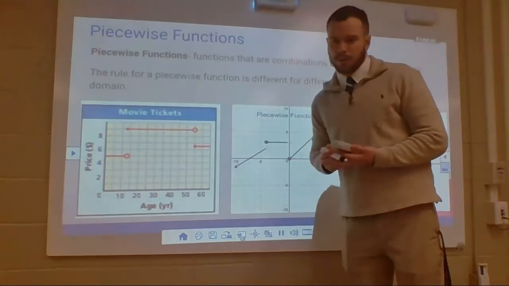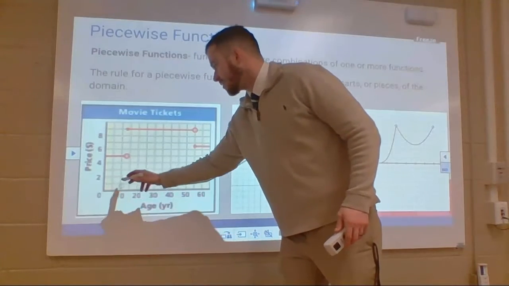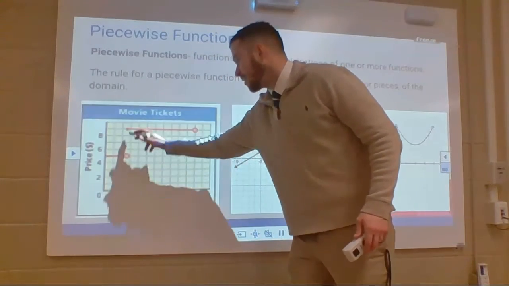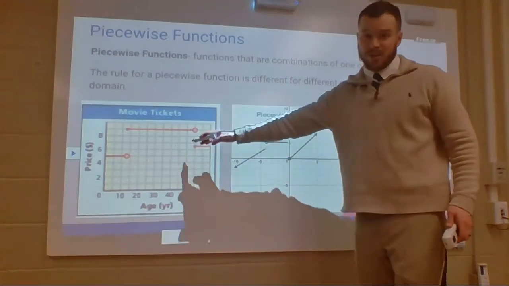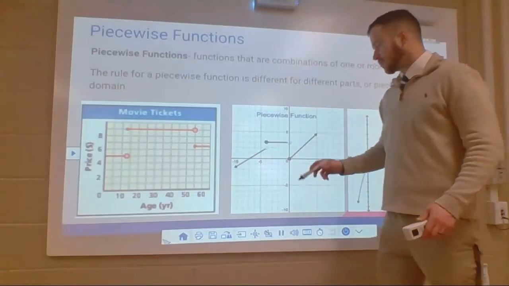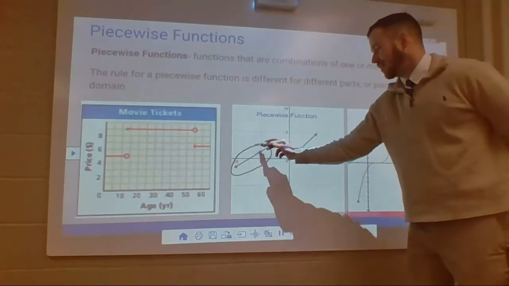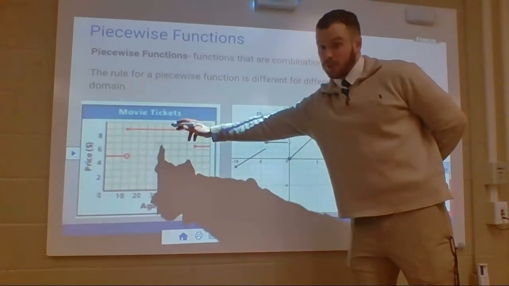So the domain, remember domain is x values, right? So for this domain here, for these x values here, it has a different rule than from these x values from here to here. Okay, and we'll actually talk about this graph in just a second. So this piece on this graph, it's actually linear. All the pieces on this graph were constant.